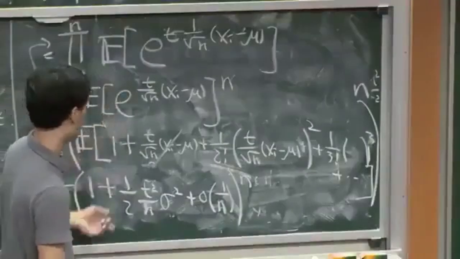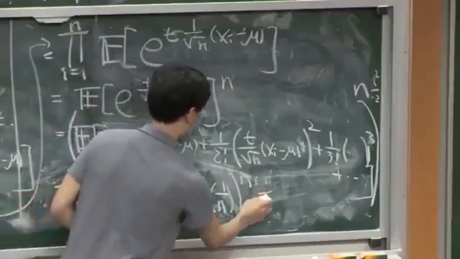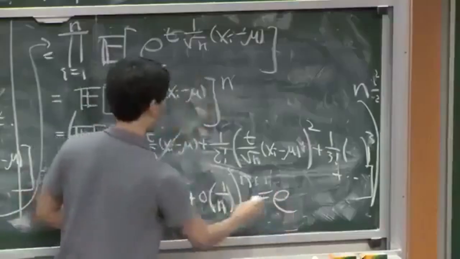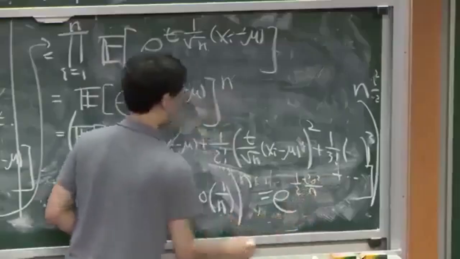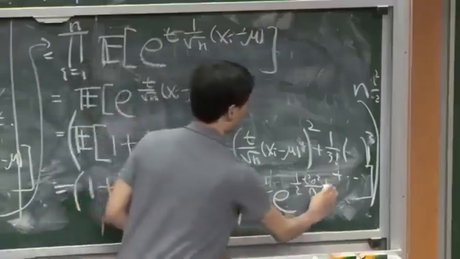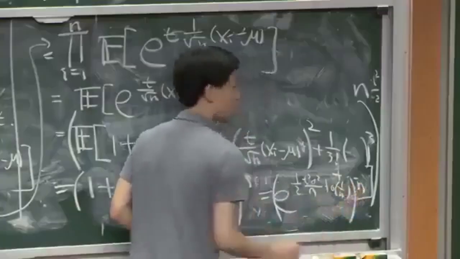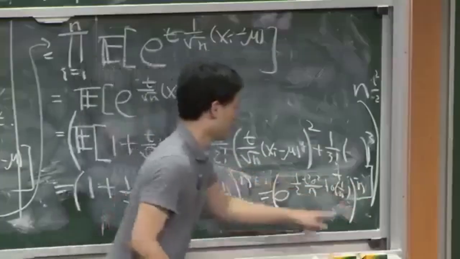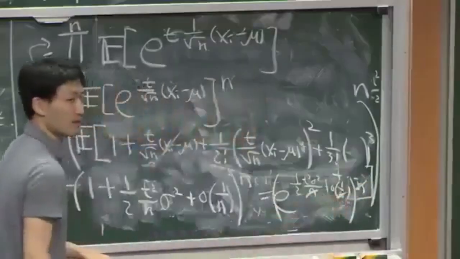Now we go back to the exponential form. So this is pretty much just e to that term, 1 over 2, t squared sigma squared over n, plus little o of 1 over n, to the nth power. Now that n can be multiplied to cancel out.